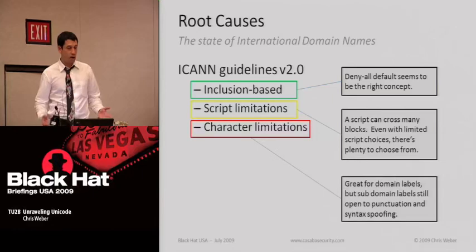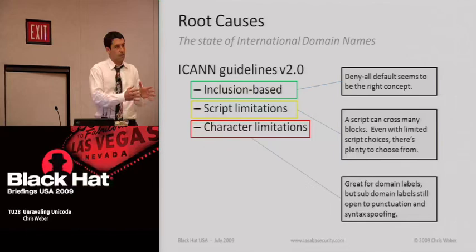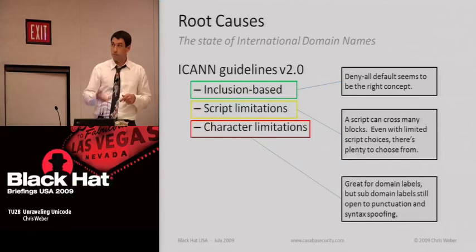They have a deny all default policy for certain labels like .org. I think .com is pretty wide open. And then after they do this whitelist policy, they say, okay, let's limit the scripts. So we can only allow Latin script in the .org label, for example.